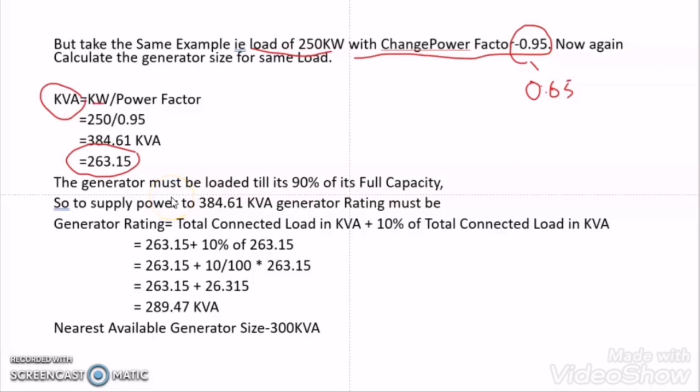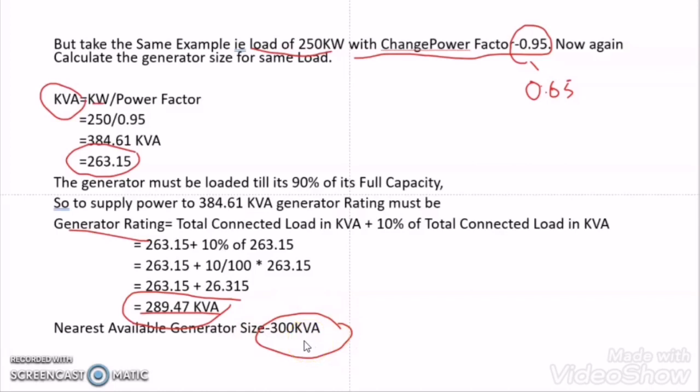The generator should always be loaded to a maximum of 90% of its capacity. So we get the generator rating equal to 289.747 kilovolt ampere. The nearest available generator rating is 300 kilovolt ampere.